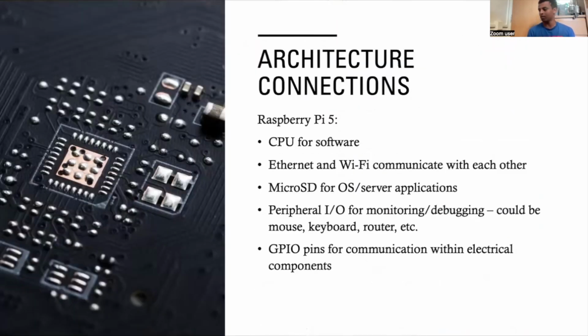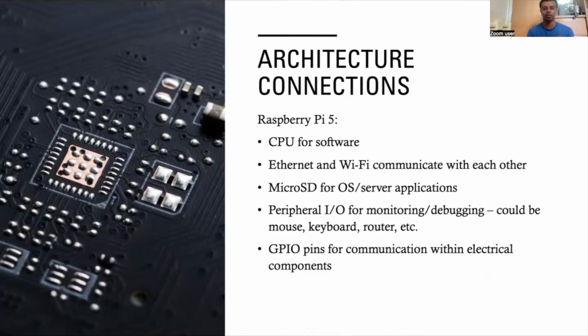Now let's go over the components for the Raspberry Pi. We have the CPU, which is the central processing unit for the software. The Ethernet and the Wi-Fi are needed to communicate. Also, you have the micro SD for the OS and server applications, and the input-output peripherals for monitoring and debugging the system.